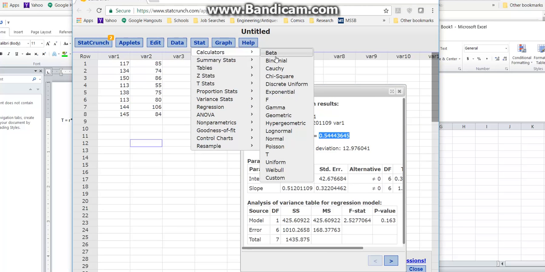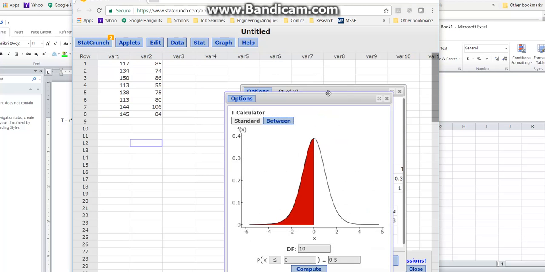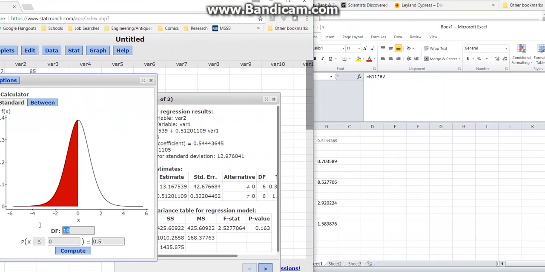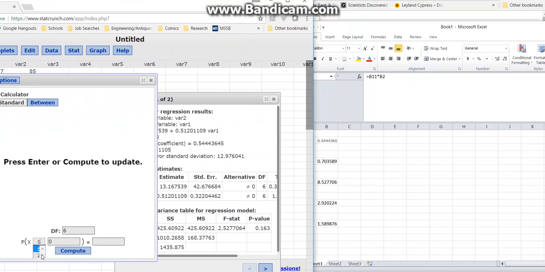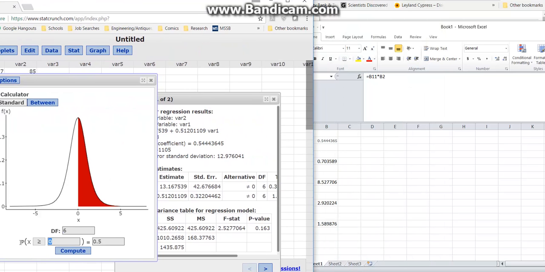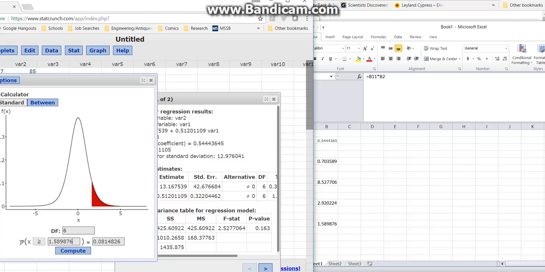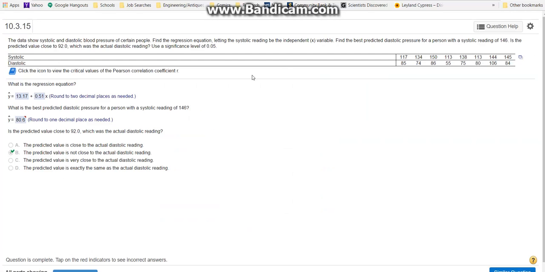So go to Stat, Calculators, T. I have 6 degrees of freedom, and I'm looking for greater than, and the value is 1.589876. Hit compute, and I get 0.081, which is bigger than 0.05, the alpha level for this problem.